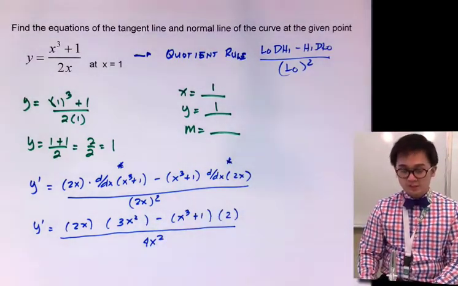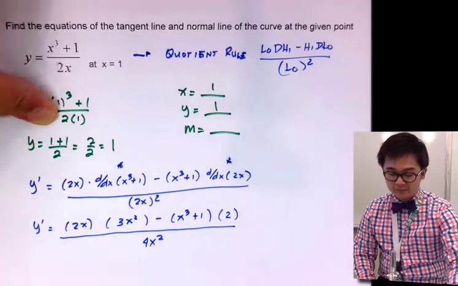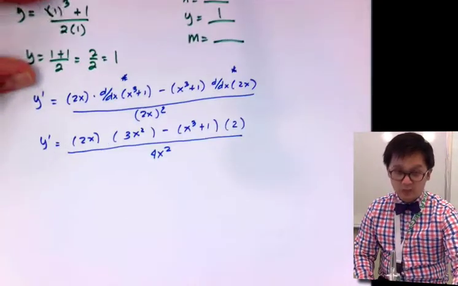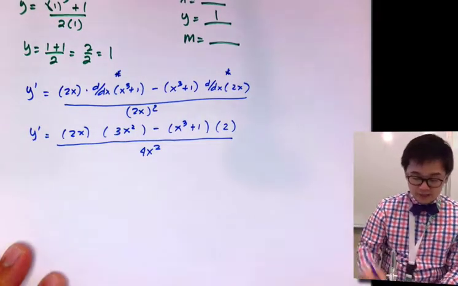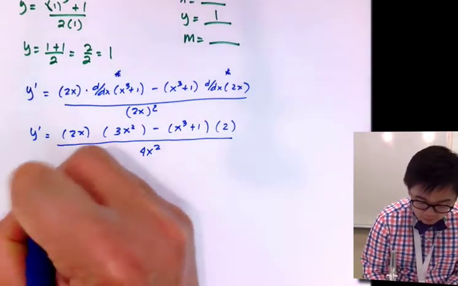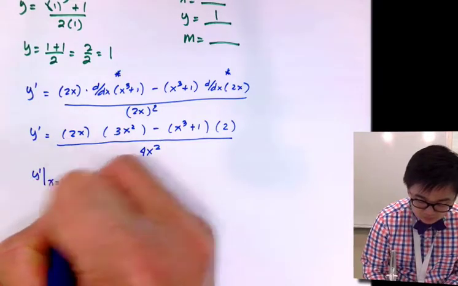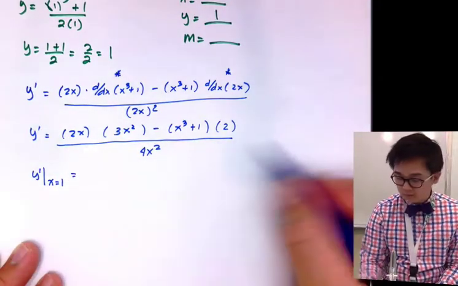So now that we have differentiated our function, all we need to do now is to evaluate this at the value of x. So we have our y prime, and we're going to substitute the value of 1 into this function.